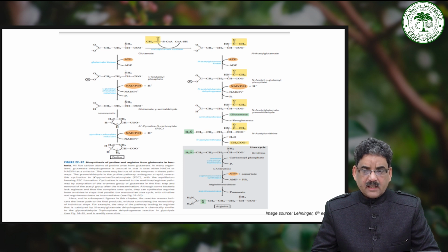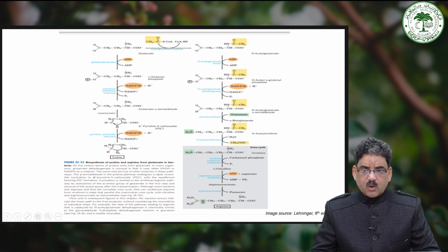Arginine, another amino acid, is synthesized from glutamate through ornithine and the urea cycle in animals.